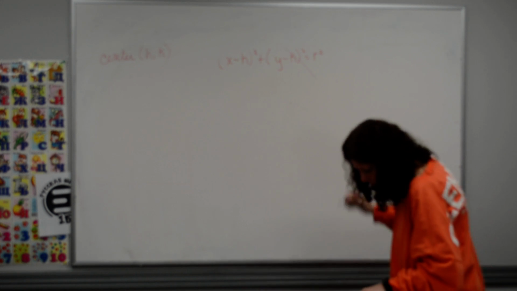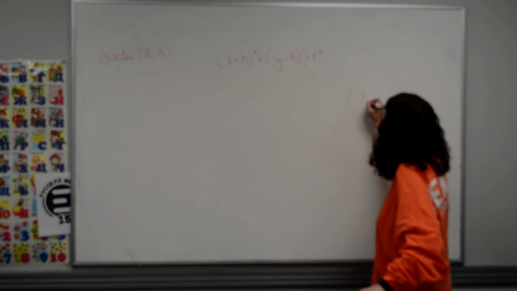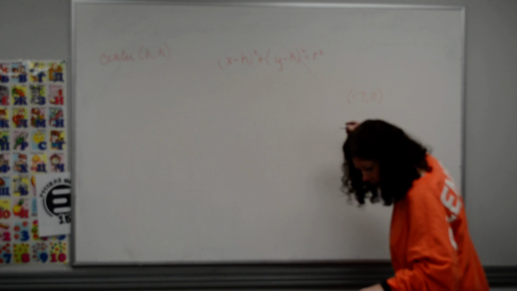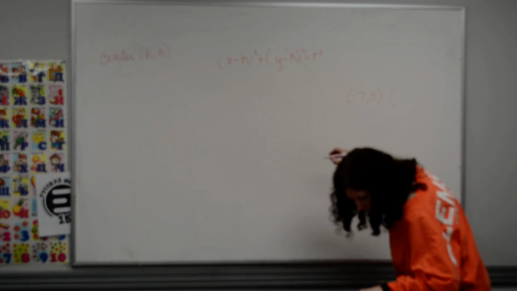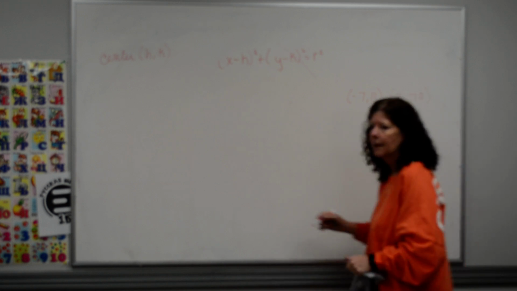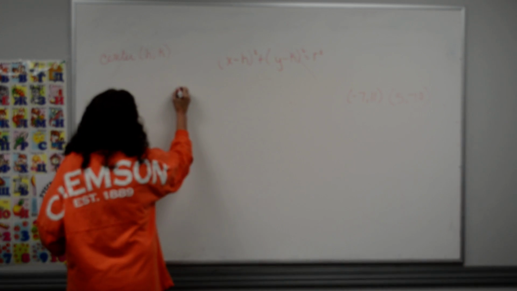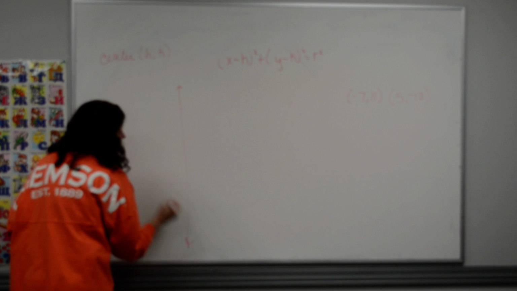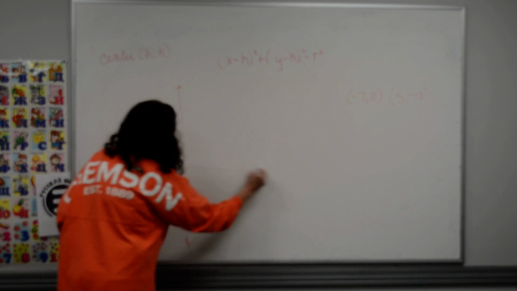Okay, so I have (-7, 11), and I have (5, -10). Now we're going to graph this out so that we can visualize it.